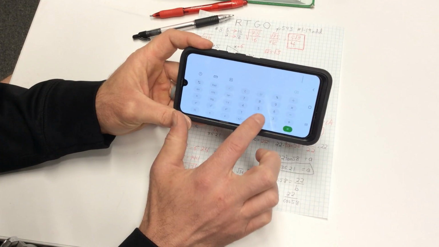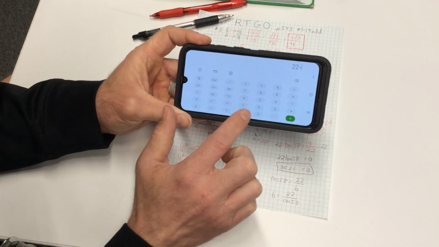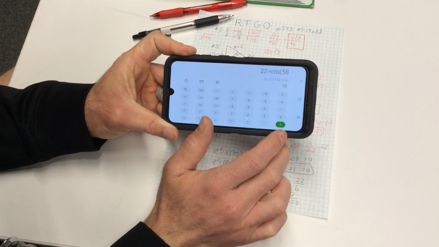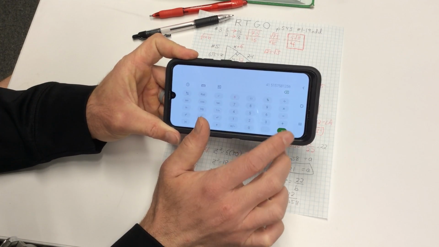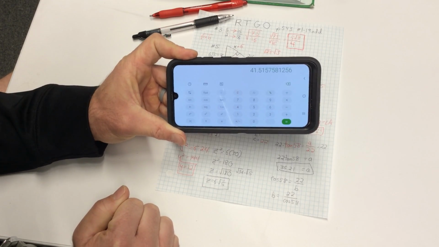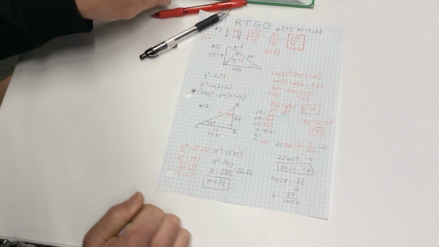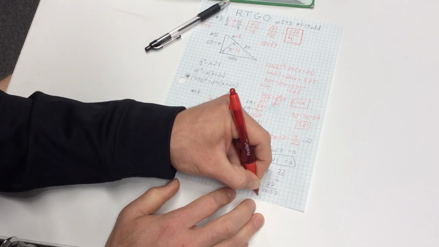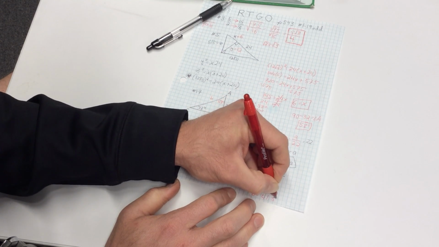And so 22 divided by cosine of 58. And there we have it, 41.52. And that is in fact correct. So B equals 41.52.